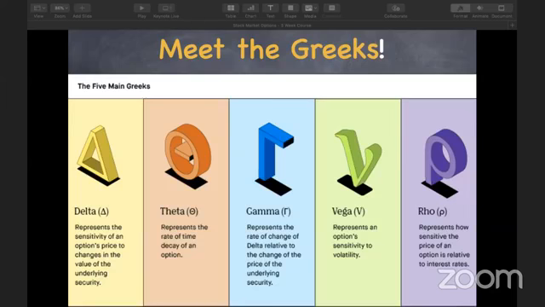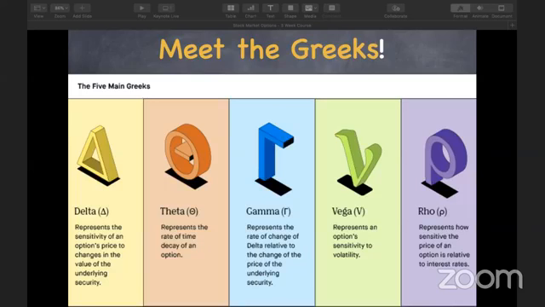And it could be a stock or ETF. It doesn't have to be a stock. For the very first dollar up or down that your stock or ETF moves, what impact does that have on the premium?